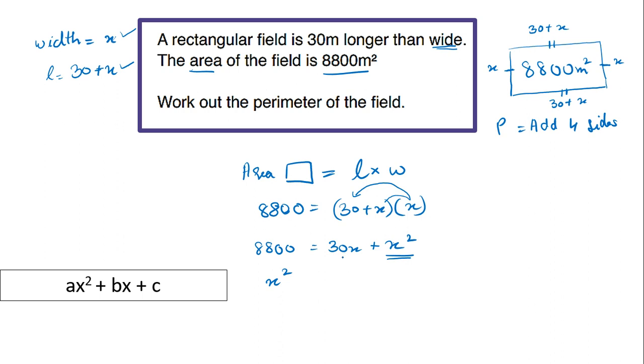Then I have my bx, so my 30x, so plus 30x plus c. Where's my c? My c is here, after the equals sign, which means I've got to grab my c to the other side.